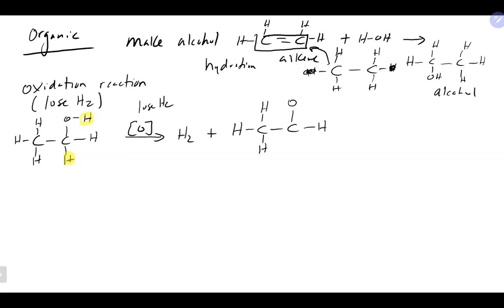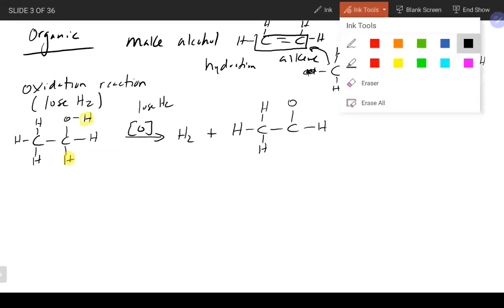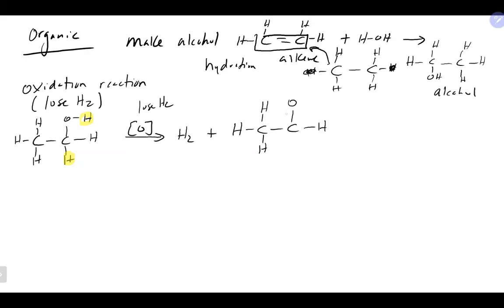We lose a couple more hydrogens to allow the triple bond to be made. In this particular case, when we remove the hydrogens, we need to put a double bond in its place. And the bond that forms will always be between the oxygen and the carbon. So where we took out the H's, we replaced with a double bond.